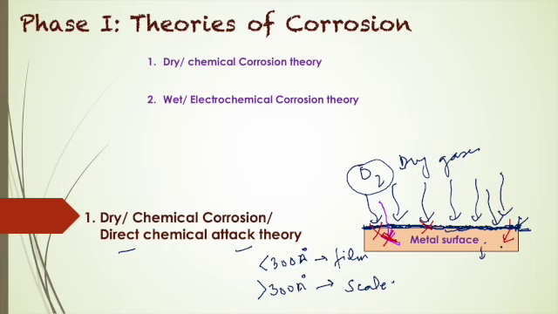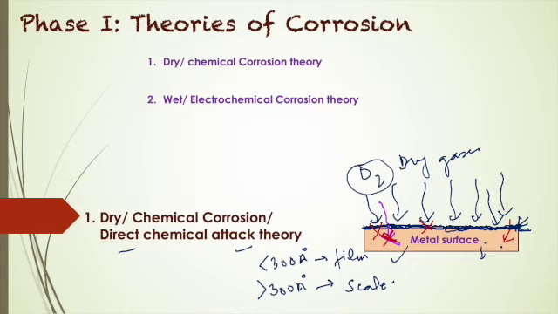Now practically all metals, when they get exposed to the air, get covered with a film of oxide, which we have seen over here, which is actually a few angstrom thick. And you know that the thickness of this layer varies, it can change. If the thickness is less than 300 angstrom, we call it a film, otherwise we call it a scale.